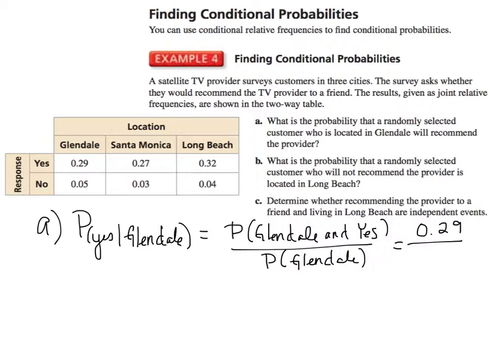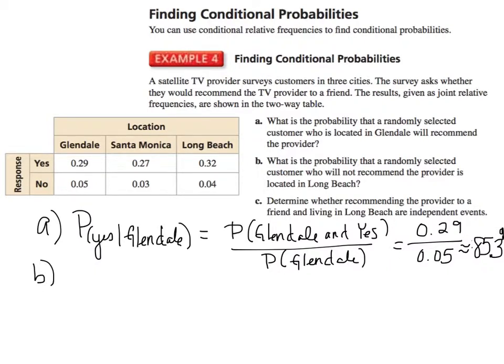The probability of Glendale, now people in Glendale are both of these, 0.29 and 0.05. So if we divide that, this gives us approximately, let's do a percent, 85.3%.